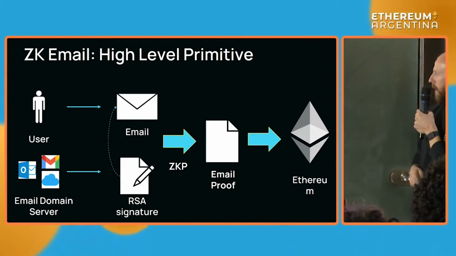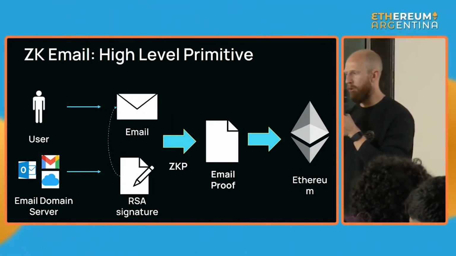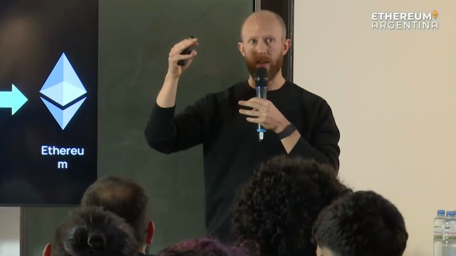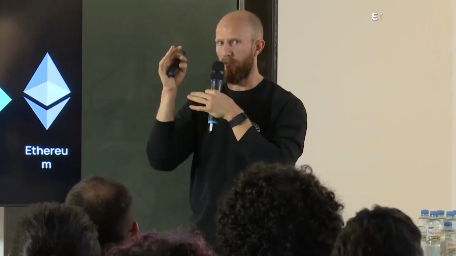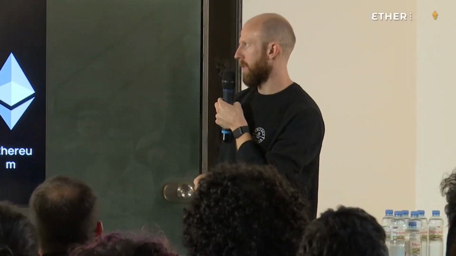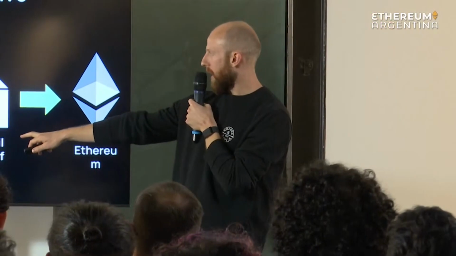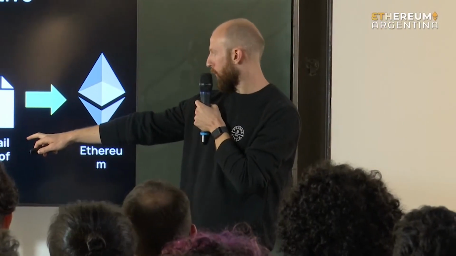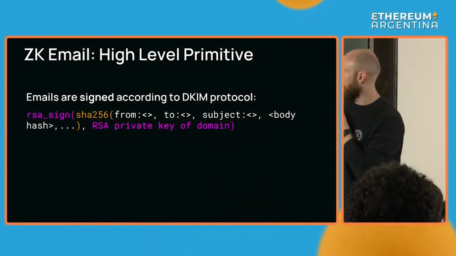They'll put an RSA signature on it, which ensures the to field, the from field, and the body of the email are not manipulated and were in this form when it was sent. So people can't do some man in the middle manipulation. And what we can do with that is turn it into a ZK proof and actually prove that on chain.